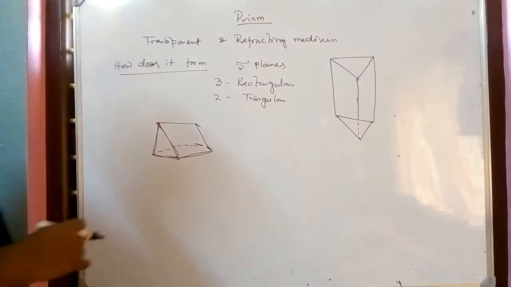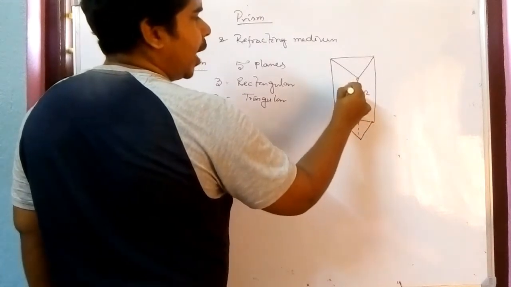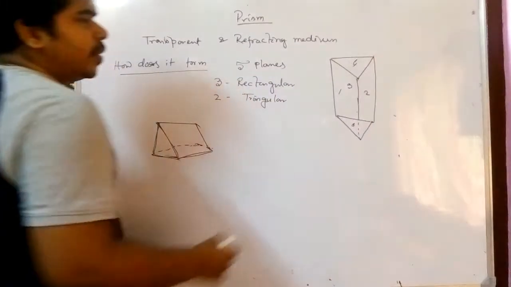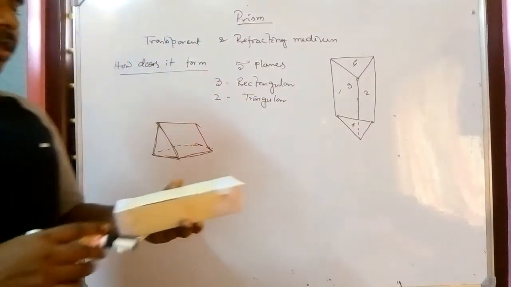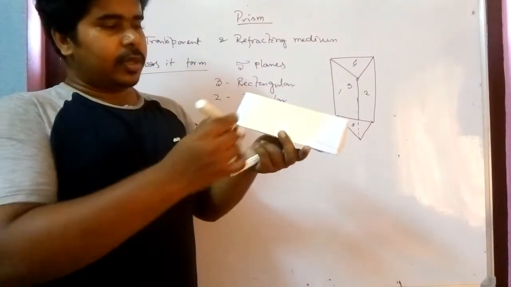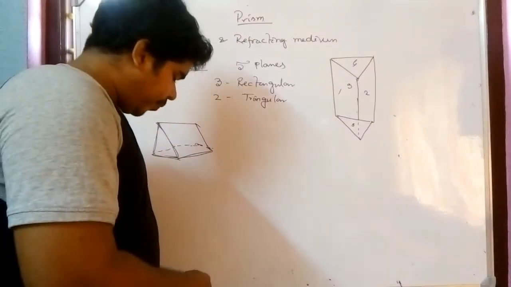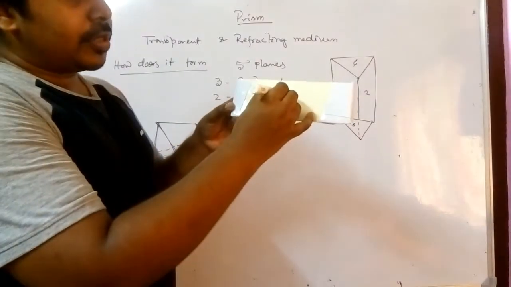If you see, 1, 2, and at the back there are 3 rectangular surfaces, and 4, 5 are the triangular surfaces. I have made a model here to show you how the prism looks. It looks like this. Assume this is surface number 1.